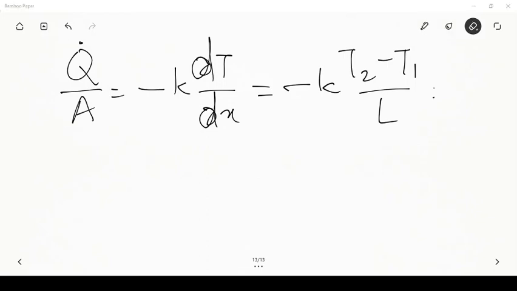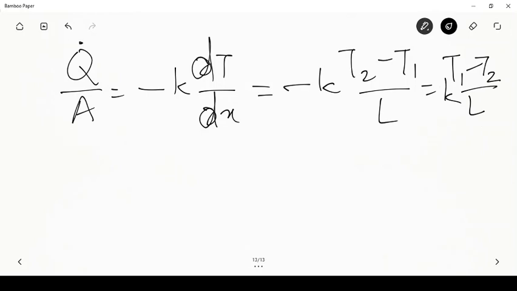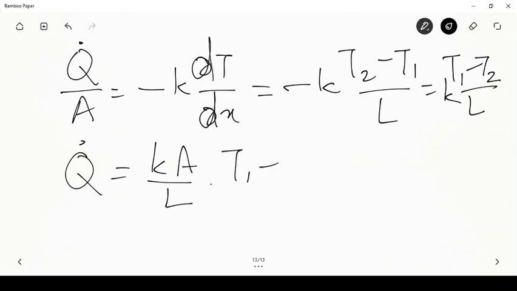Now the negative sign can be absorbed here and you can write it as (T1 minus T2) by L into k. Now if I write for Q dot, which is the total heat transfer through the wall, it will be equal to kA by L multiplied by (T1 minus T2), or this can be written as (T1 minus T2) divided by (L by kA).